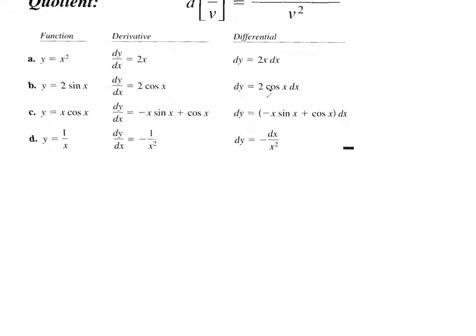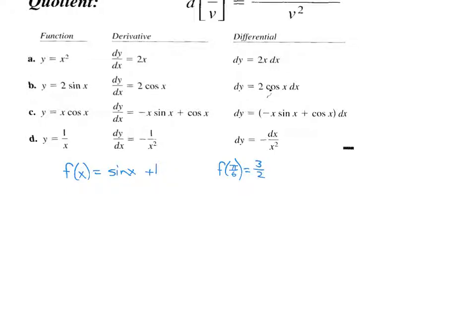So let's tie this back and do the same problem we did yesterday. We had the function f of x equals sine x plus 1, and we were using the point f of pi over 6. Sine of pi over 6 is a half, plus 1 is 3/2.